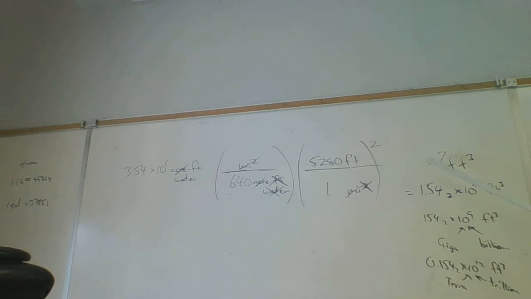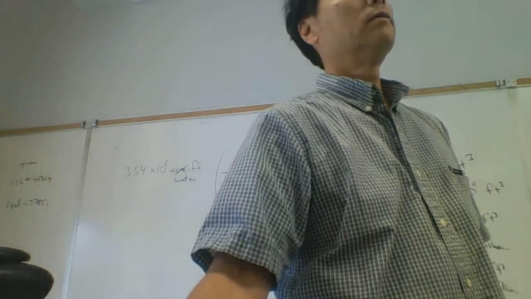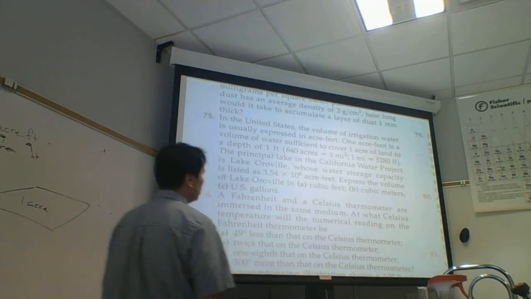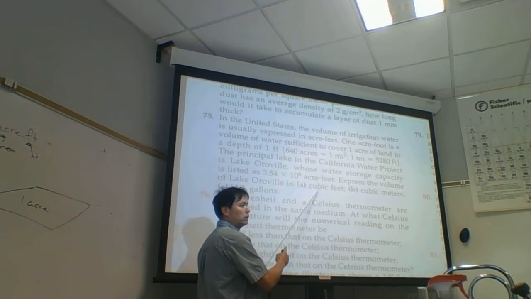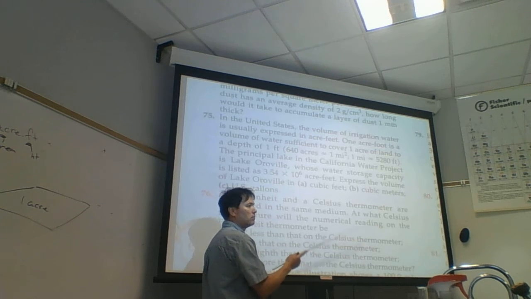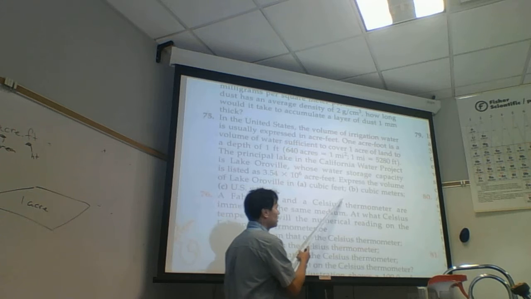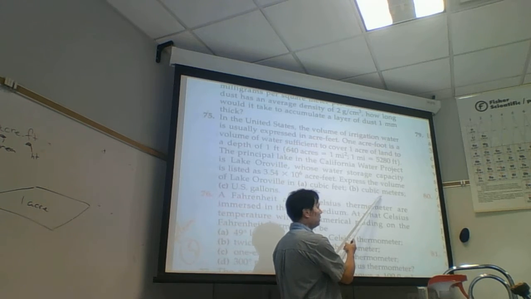How many centimeters is in a foot? Can you tell me? No. We would go from cubic feet to cubic inches, and then from cubic inches to cubic centimeters, and then cubic centimeters to cubic meters, and that would be the path.